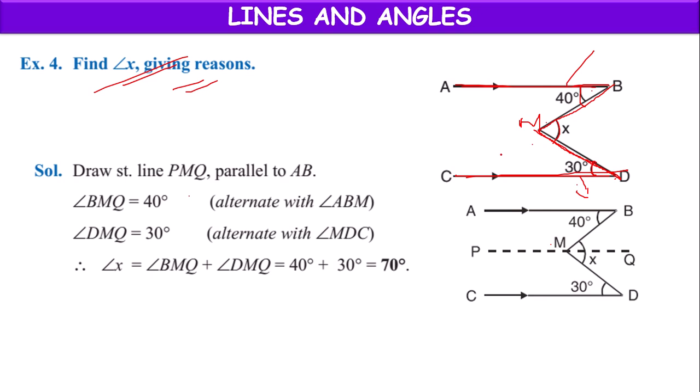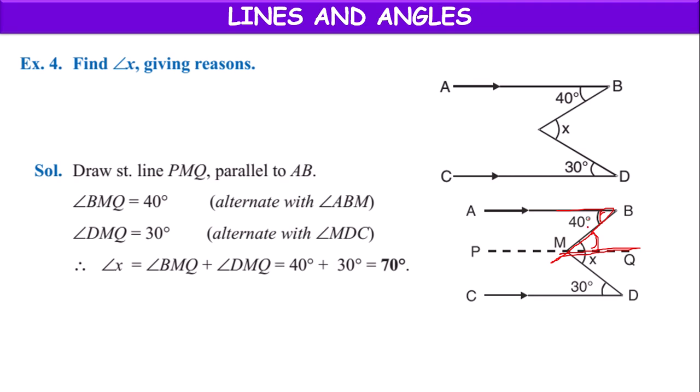Now, let's construct one line here. Construct a line PMQ, parallel to AB. So then BMQ, this above part and this above part will be in the form of letter Z, means they will make alternate angles.